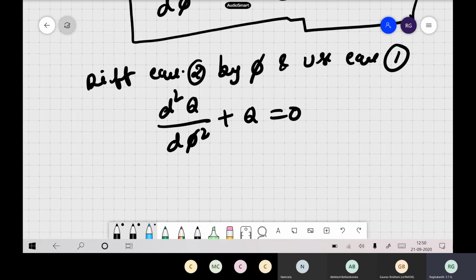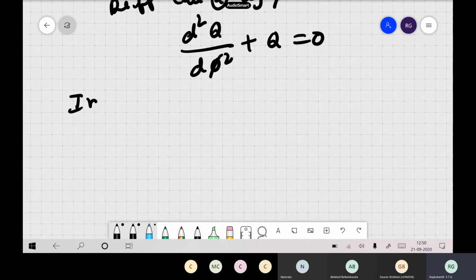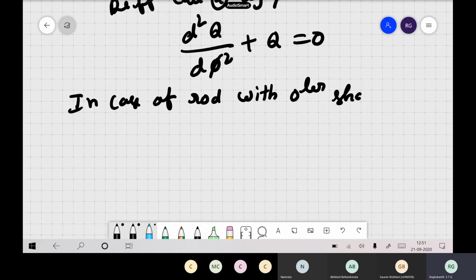Now we can do this in several ways, like you can combine q here and do all the calculations. Suppose finally you substitute here, and you are having a rod with circular shape, that means rho equal to R is a constant.